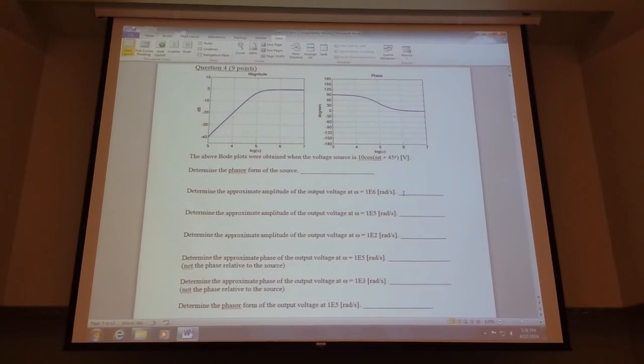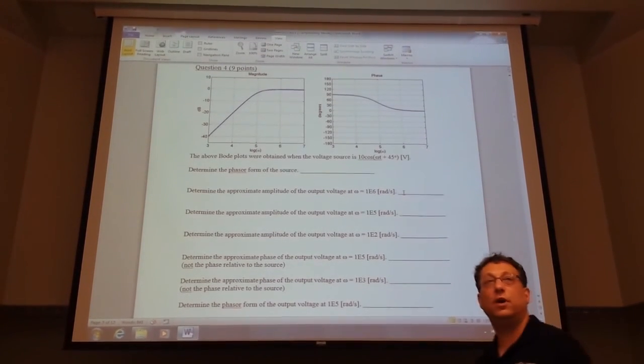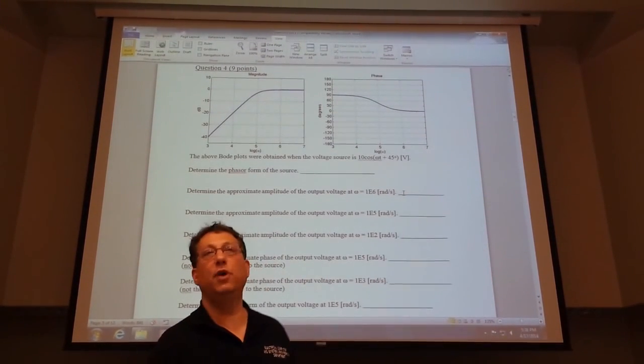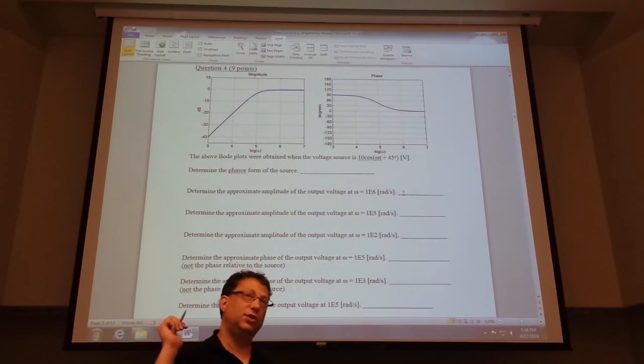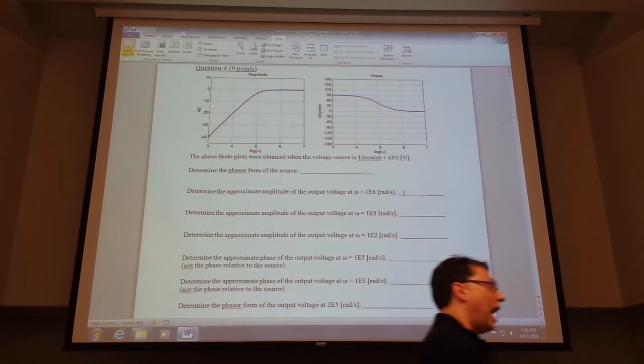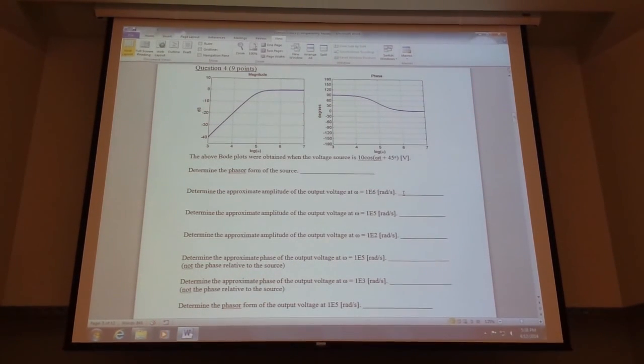But it is still the ratio of the output to the input. So if our input is 10 volts, as is the case here, and we have a transfer function magnitude of 1 or 0 dB, then our output is 10 volts. That's important. What about a 10 to the 5?